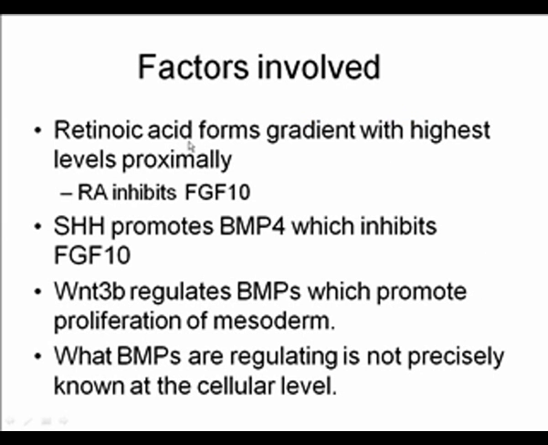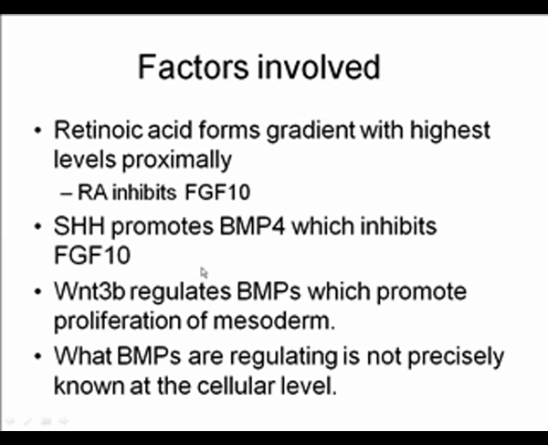It is known that retinoic acid is important, with its highest levels proximally. One of the things that retinoic acid can do is inhibit FGF10. We also know that sonic hedgehog can promote bone morphogenetic protein 4, which inhibits fibroblast growth factor 10.